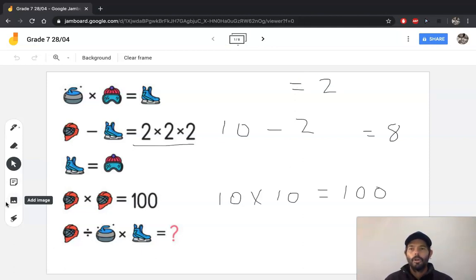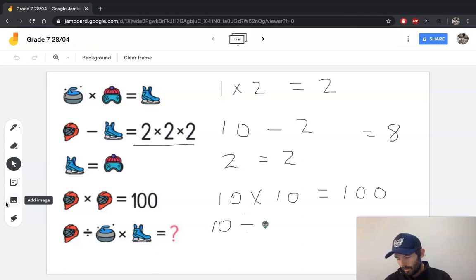Okay, so then my ice skate's 2, and I know that the ice skate is equal to the beanie and face mask. So 2 equals 2. So therefore, the hurling ball or the hurling ski must be 1 multiplied by 2 is equal to 2. And then it's just a case of me filling in the bottom. 10 divided by 1 multiplied by 2.